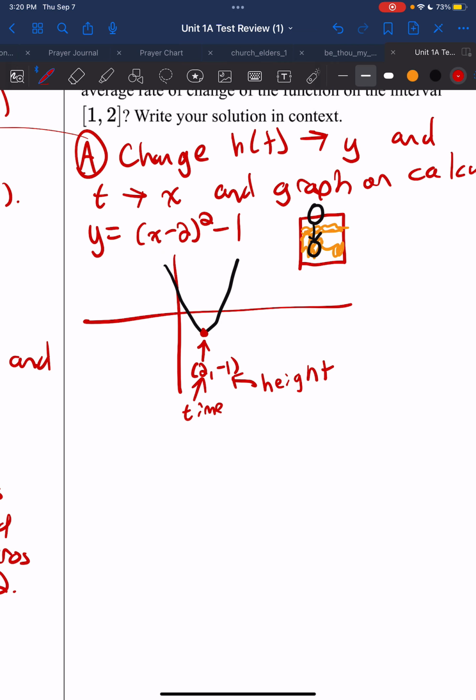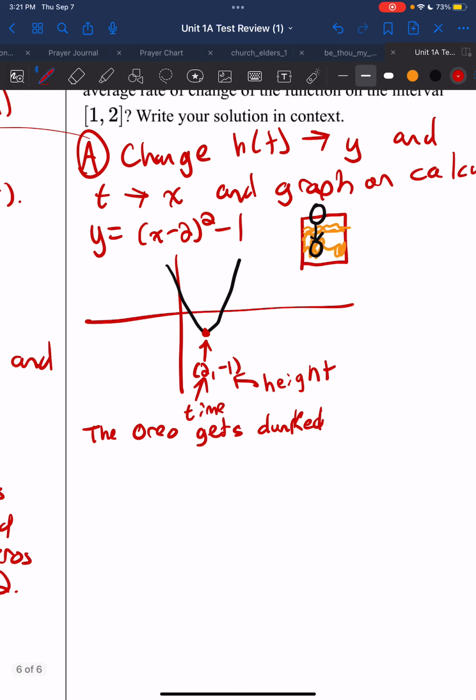So if we think about this in context, we can write this out as the Oreo gets dunked, and we're measuring from the tip of the Oreo. It's not precise, but it's okay. The Oreo gets dunked 1 inch into the milk at t equals 2 seconds.